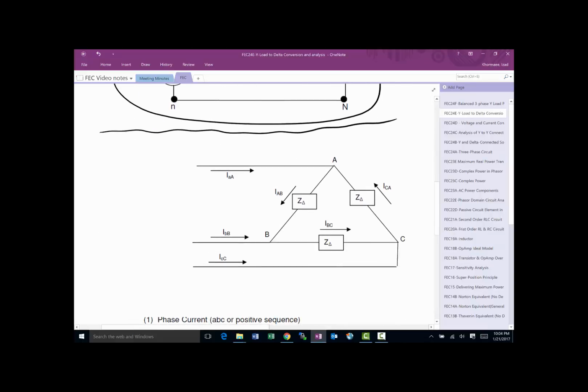Now, the important thing to remember here is what the phase voltages and phase currents are. In the case of a delta load, phase voltage and line voltage are the same thing.